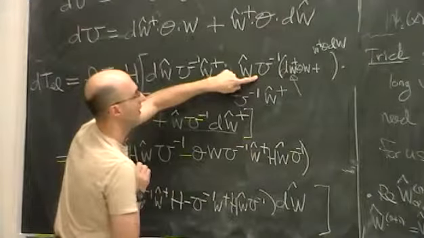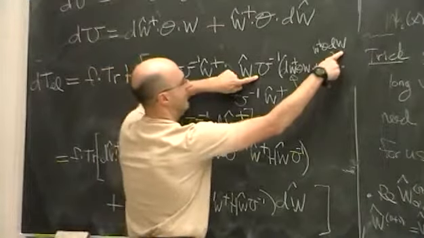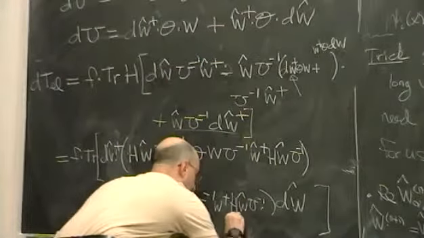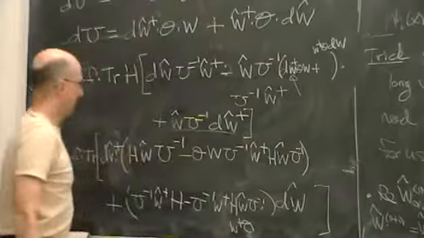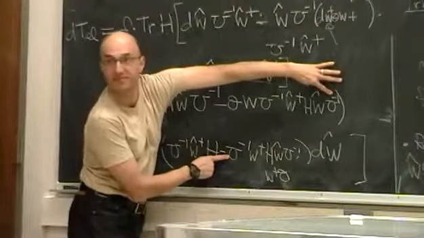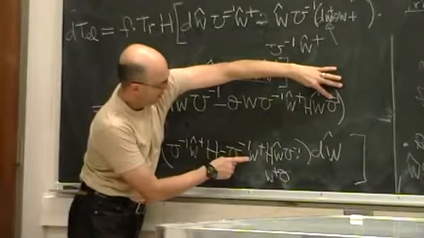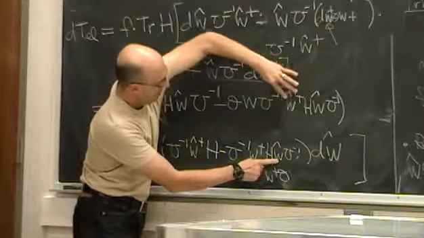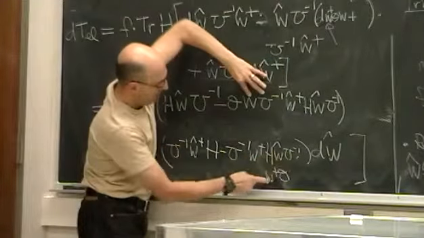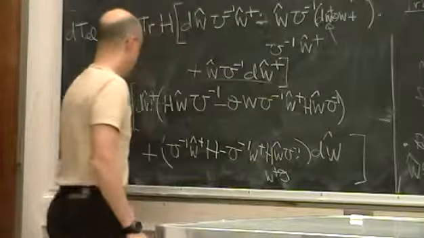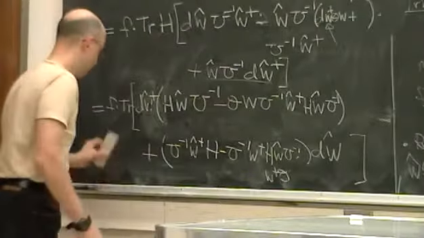Where am I going? I'm going for this guy, right? So there's a W dagger and an O, times W dagger and O. And is this the Hermitian conjugate? Well, on this piece, let's see. U inverse, W dagger, H is Hermitian, W dagger W, U is Hermitian, W dagger, oh, yeah. All right. Good. Whew.